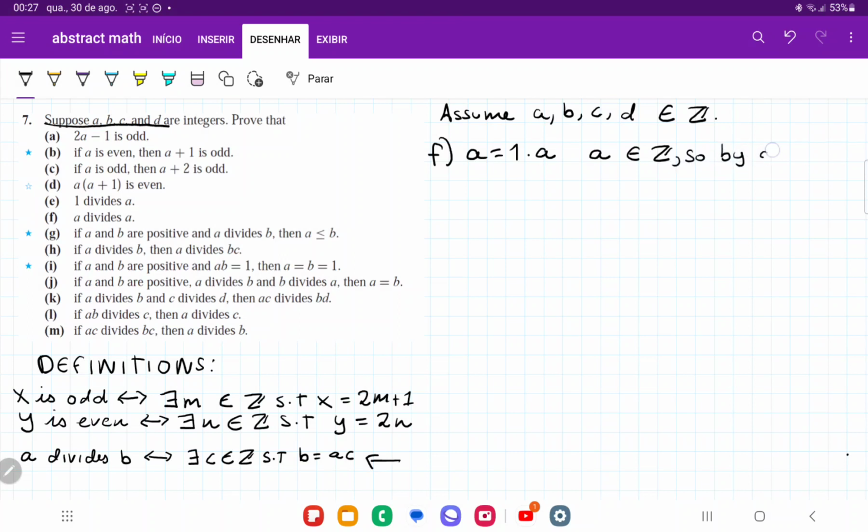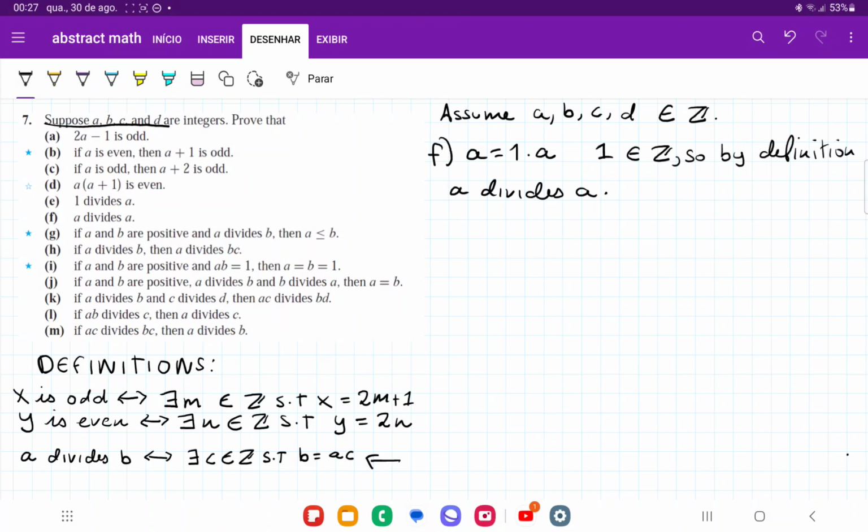So by definition, actually, not A is an integer, 1 is an integer. 1 is an integer, so by definition, we have that A divides A. Yeah. So we've just been using definitions.